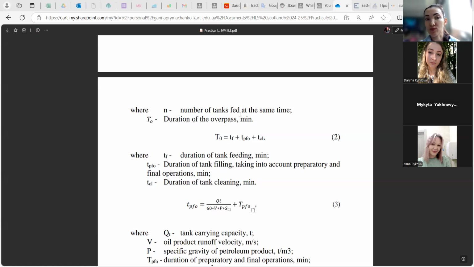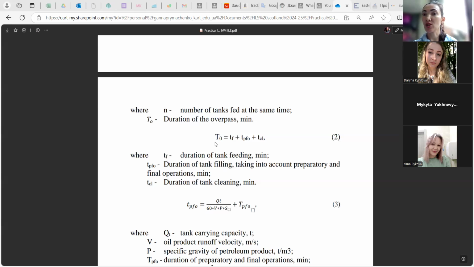Okay, formula number 2. We need to determine how many minutes we need for the duration of overpass. It is such parameters as big T with index 0. Please write on your list or in your documents.